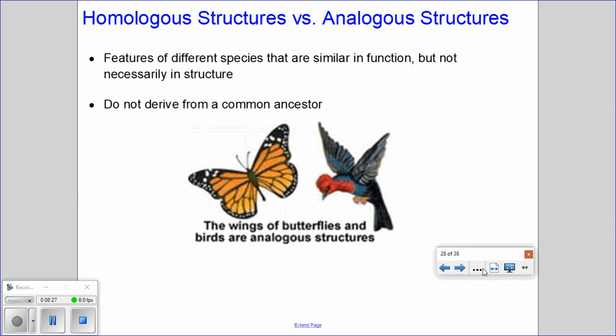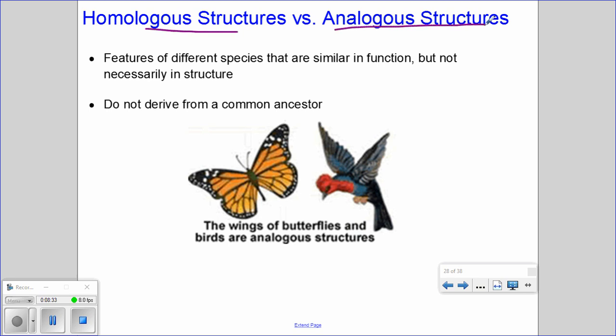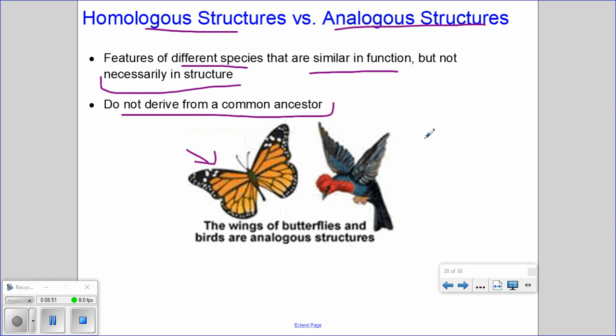It is important to be able to distinguish between what is considered a homologous structure versus an analogous structure. Analogous structures are basically features of different species that are similar in function, but not necessarily in structure. So they do not derive from a common ancestor. For example, the wings of butterflies and the wings on birds are considered analogous structures.